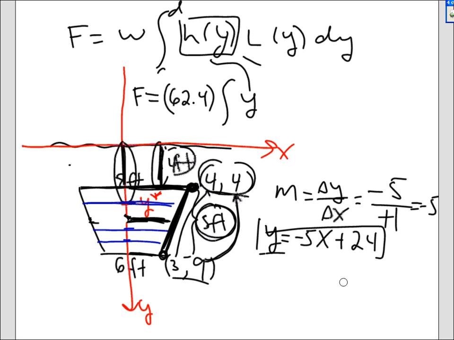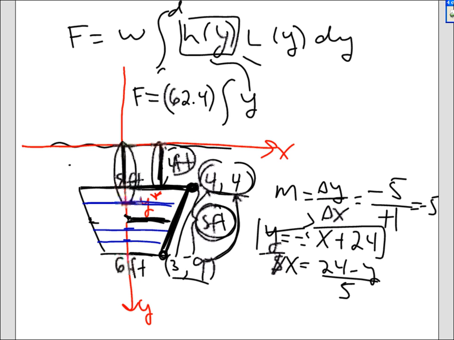So I want to solve the equation of the line for x. I'm going to interchange these two. Right now, I have 5x is 24 minus y. And then I divide by 5. That's what x is. It's 24 minus y over 5.